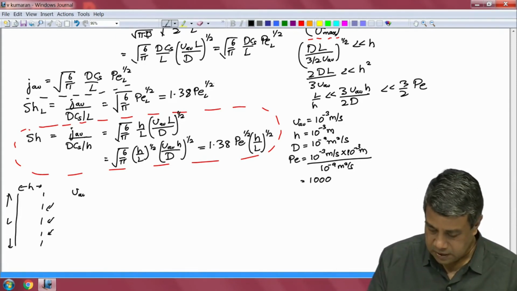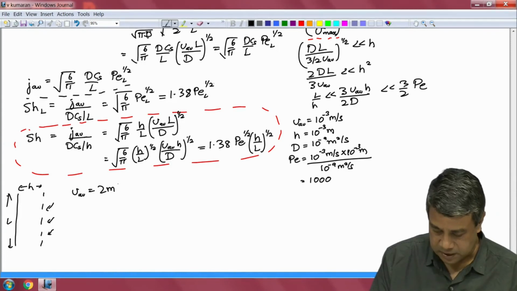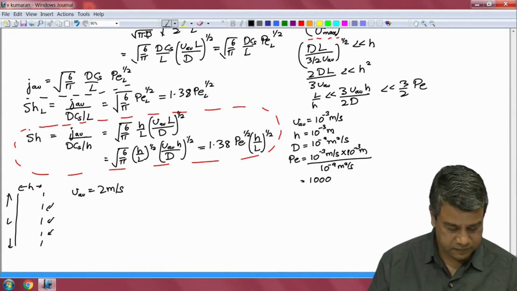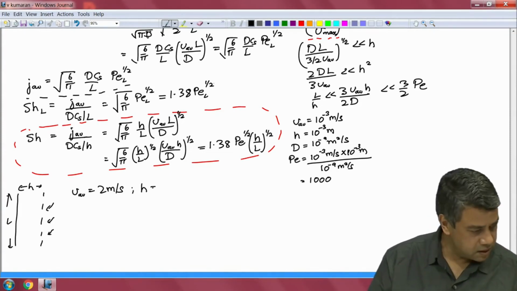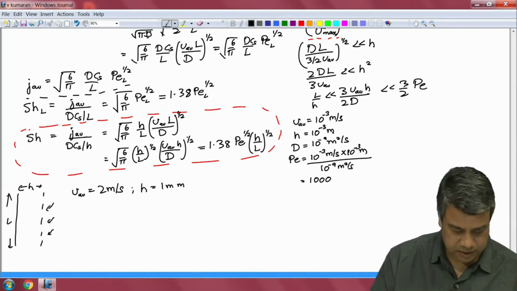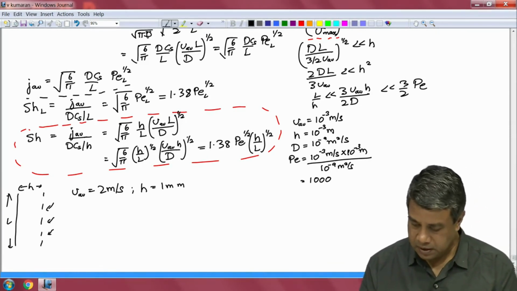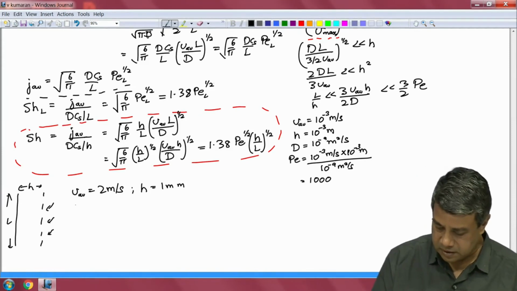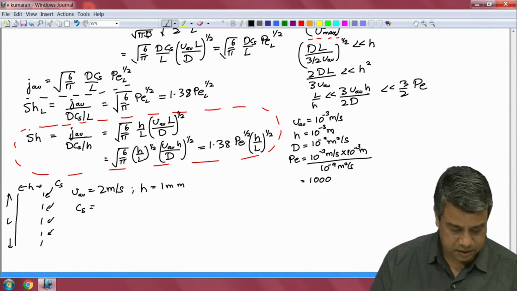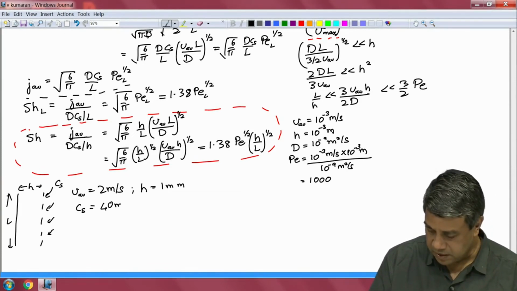The average velocity is 2 meters per second, and the thickness of the film, h, is let us say 1 millimeter, and I have a concentration Cs at the surface of some solvent. Cs of a solute at the surface is given by 40 milligrams per liter.